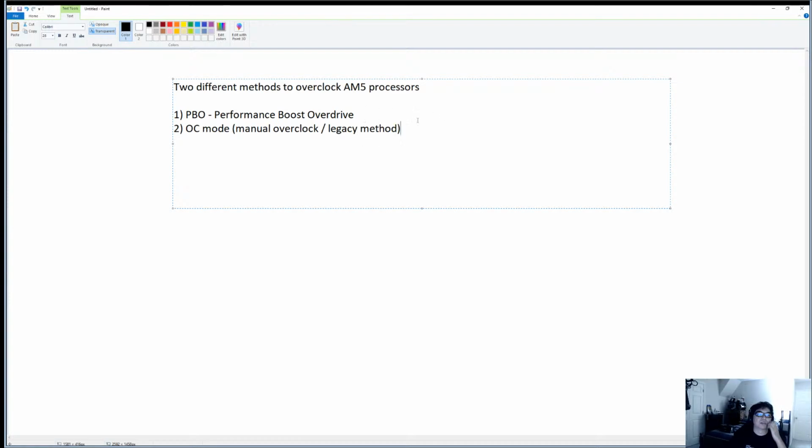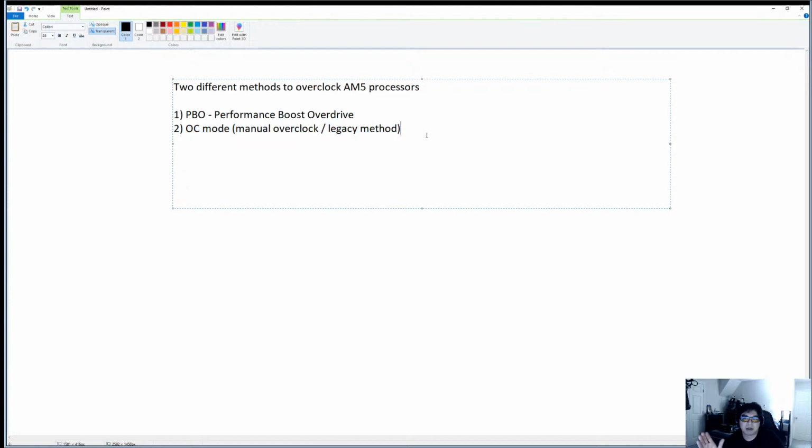We won't spend too much time talking about this, because what I remember from overclocking in the days of Zen 1, this is essentially how I used to overclock processors before Zen. So think FX8350, Phenom, Phenom 2, those sort of things, the old AMD. So AMD before the days of Ryzen was the way you used to do things.